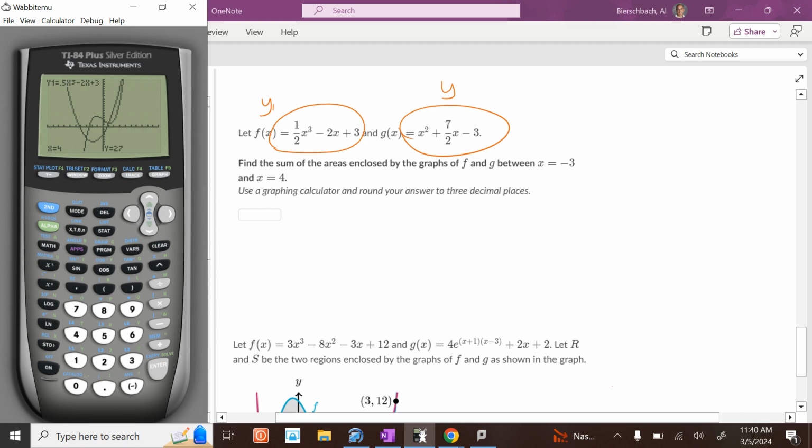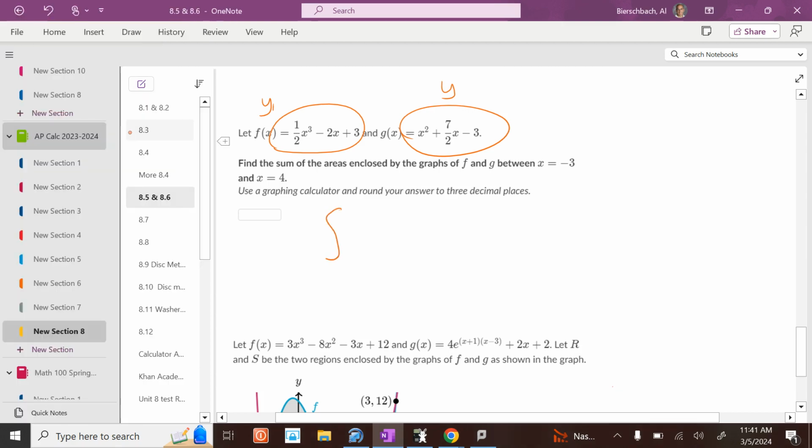Okay? So the biggest thing is I need to find where they cross right here. Now, this curly Q1, this cubic one, is my top graph from -3 until my intersection. So I'm going to integrate from -3 up until whatever A is of y1 minus y2.